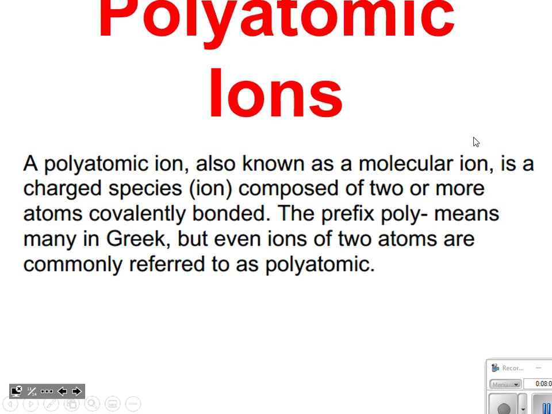That's a key part you're going to see with this at times on WebAssign, because this type of an ion is covalently bonded, but then it gains or loses electrons. So it has both ionic and covalent bonding occurring. Okay?